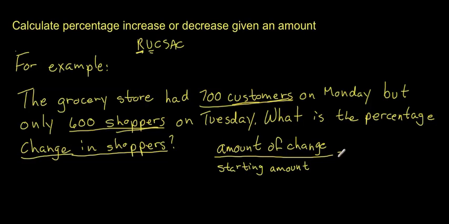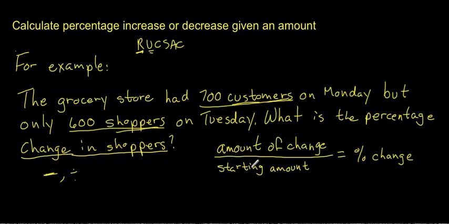And that will give us our percentage change. In order to get the amount of change, we obviously have to do some subtraction first. And then we're going to have to do some division, because we're going to have to take this amount and divide it into this amount.